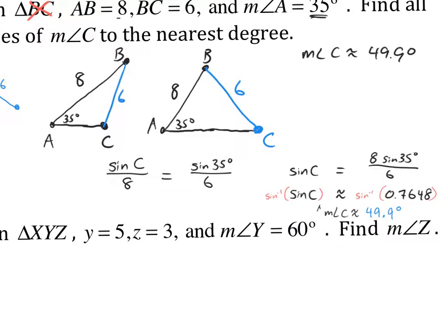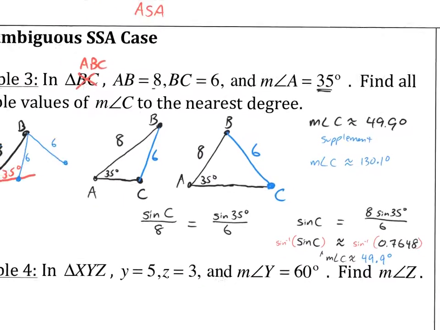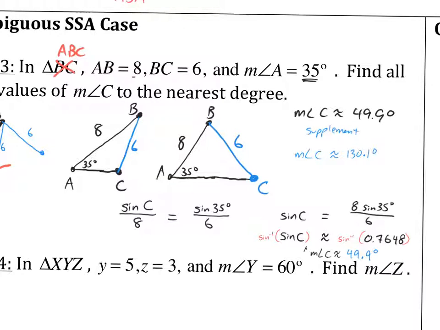And here's how you find the other option. The other option is simply the supplement. So the measure of angle C could also be 130.1 degrees. And let's just pause to think, are these both options reasonable? Well, remember that in a triangle, the three angles have to be exactly 180.